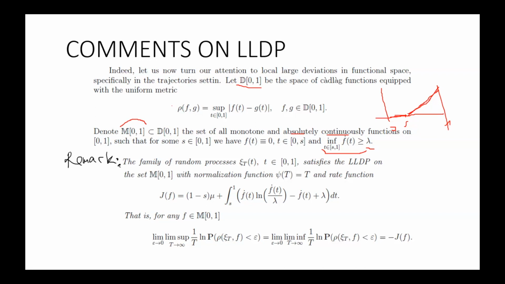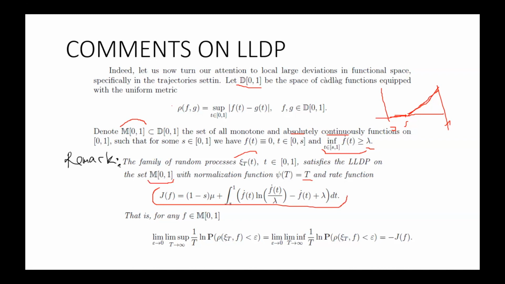The family of random processes, in terms of trajectories, satisfies the local large deviation principle on the set M with normalizing function T, and we know how to find the rate function here.